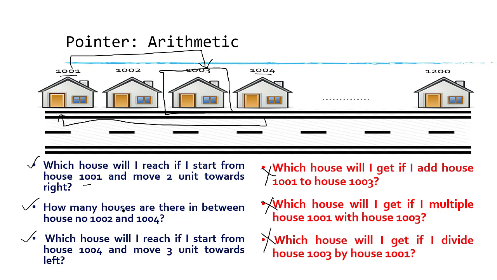So using that same logic, we are going to consider that each and every house is actually a memory block, and this road is the bus where the memory is connected. So using this analogy, let us see which pointer arithmetic operations are possible and which are restricted.